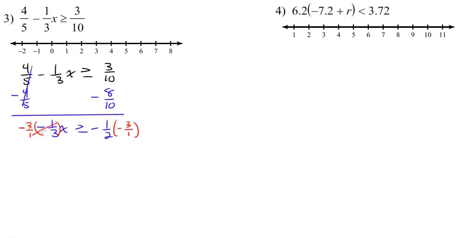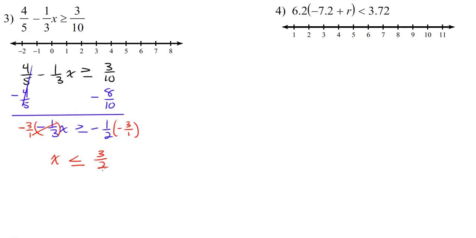On the left, these are going to cancel out, leaving us with x. On the right, negative 1/2 times negative 3/1 is positive 3/2. And since we had to multiply by negative 3/1, this greater than or equal to becomes a less than or equal to. So our solution is x is less than or equal to 3/2.